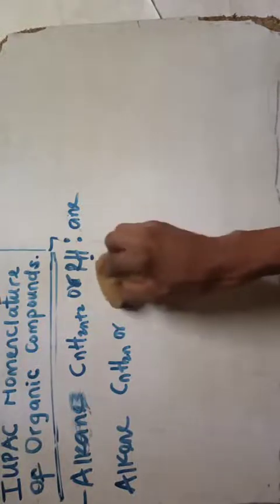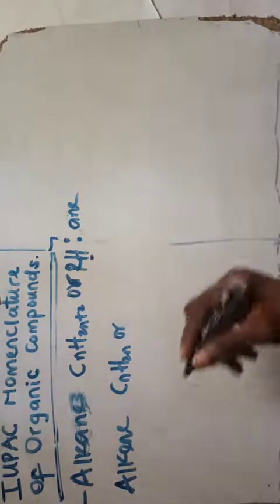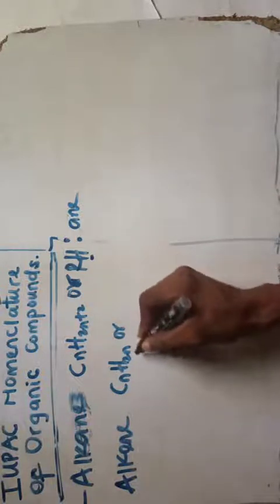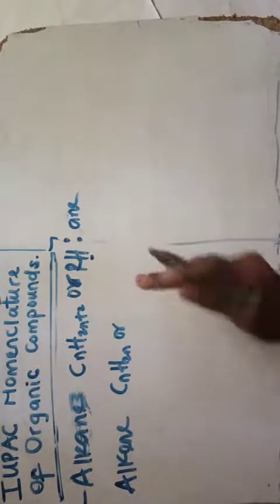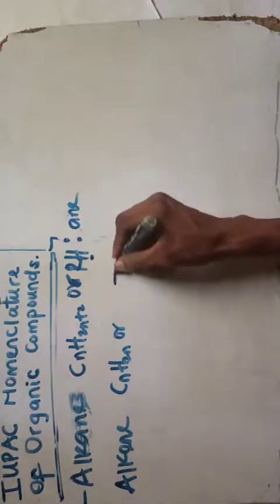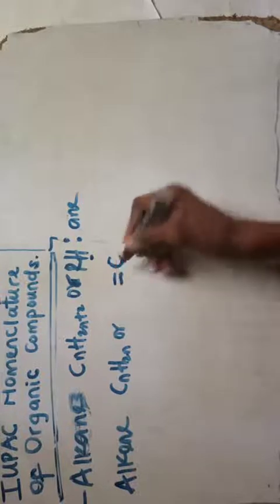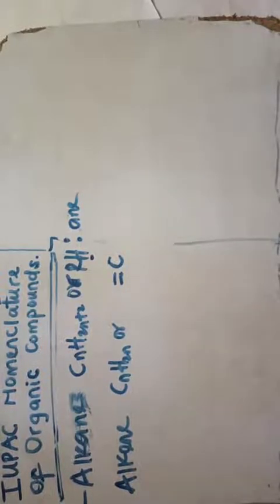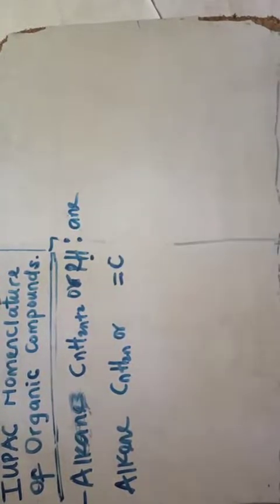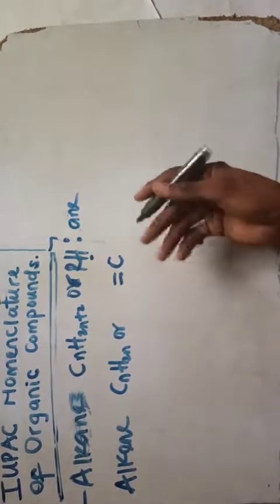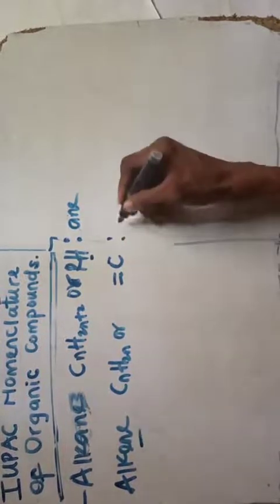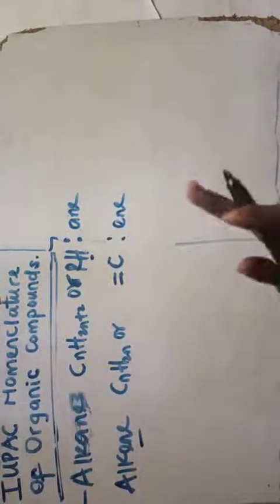CnH2n has a double bond in it. The R can be any attachment, any branch; it majorly talks about the branch present inside it. The word ending is ene. Don't forget, these endings are what determine the functional group.